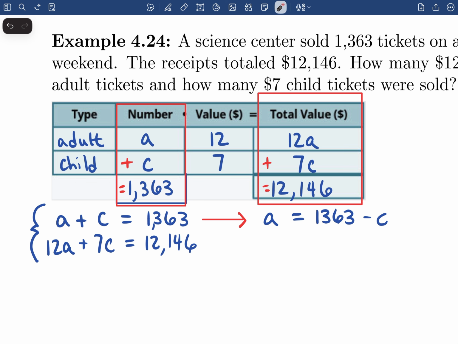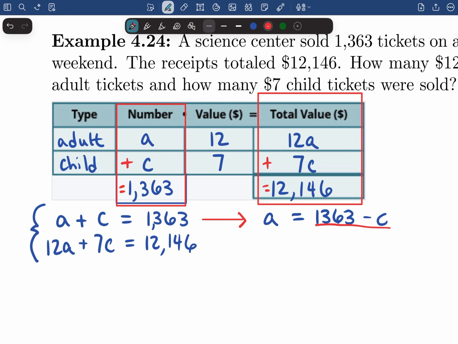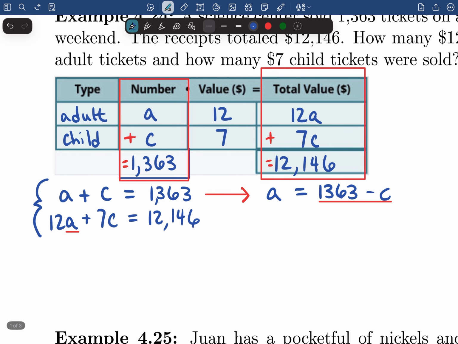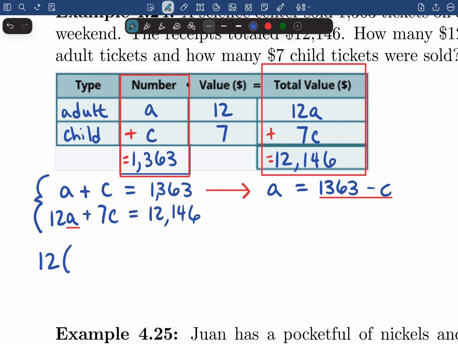Now I can take what A equals and substitute it in for A in the second equation. So I'm going to rewrite the second equation: 12 times A, which is 1,363 minus C, plus 7C equals 12,146.